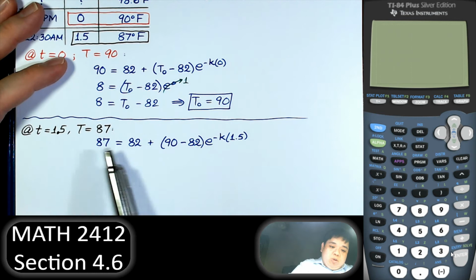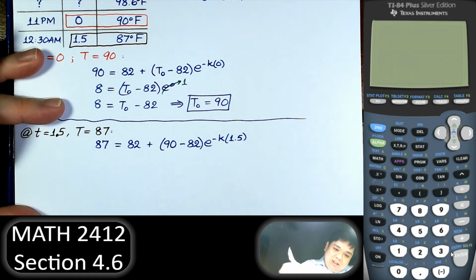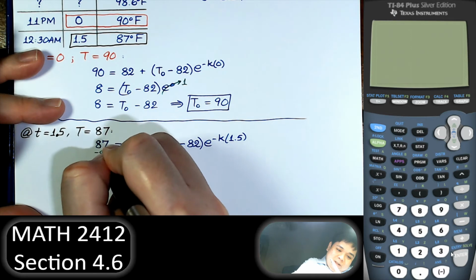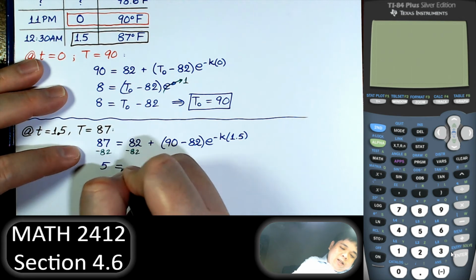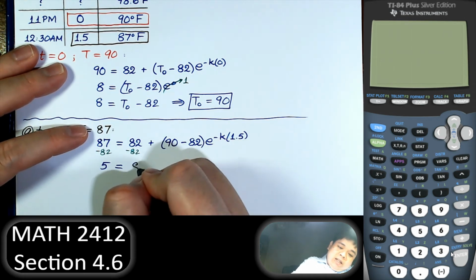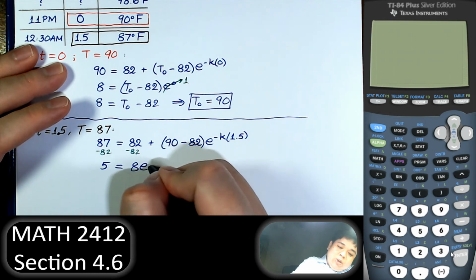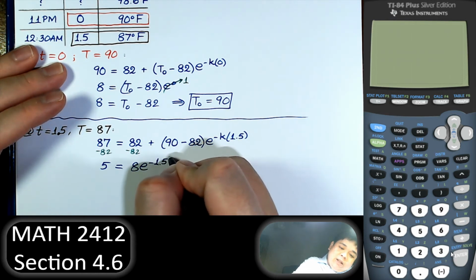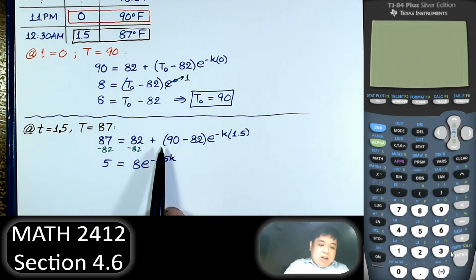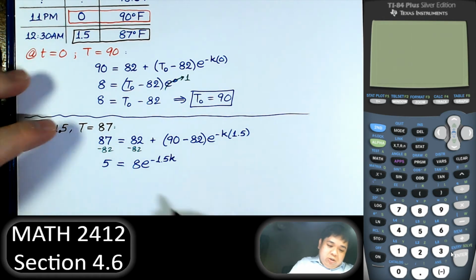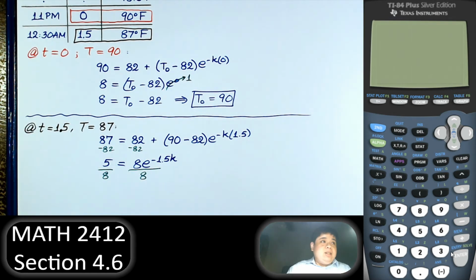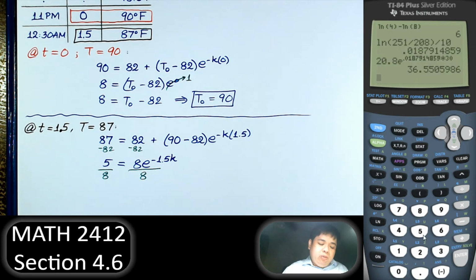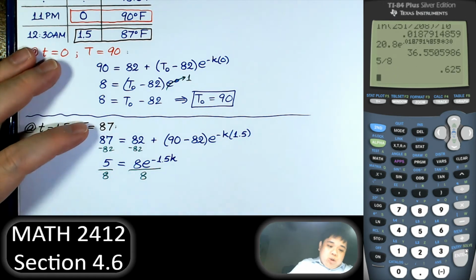Right, now subtract 82 on the other side. And this gives us 5 equal to, that cancels out, 8, which is 90 minus 82, times e to negative 1.5 K. Now, to get the exponent by itself, I divide by 8 on both sides. 5 over 8 should be a decimal, 0.625.